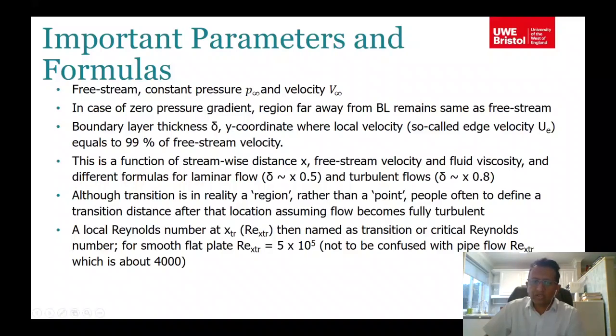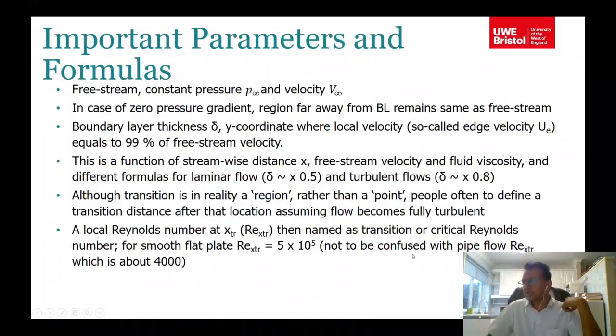A critical Reynolds number is defined where that transition takes place. Re x,tr means the Reynolds number at which transition takes place. For a smooth flat plate, the Reynolds number is 5 times 10 to the power 5.